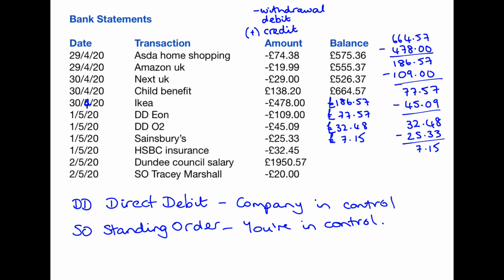Okay, now our next transaction is to take away £32.45. Now, when we do that on a calculator, now we can see we're taking out more than we've got. Okay, we've got £7.15 and we're taking away £32.45.